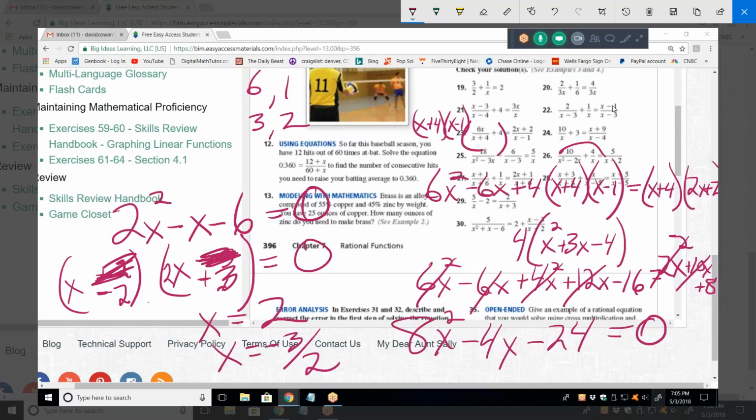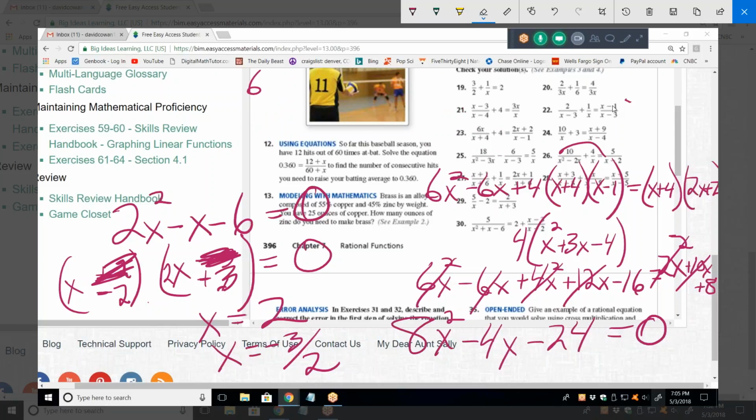Okay, and this one is 23. None of those appear to violate any of the domains. Now, I'm not certain that necessarily means they both work.